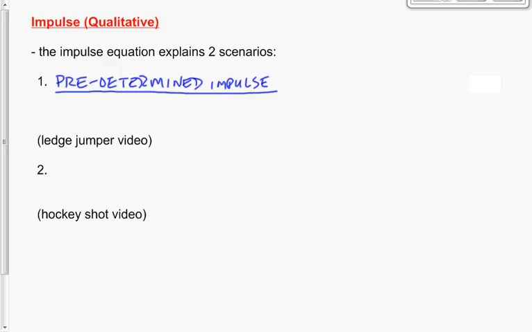Any object will stop. Now, if it's got a certain amount of mass and a certain amount of velocity, then that means it's got a certain amount of momentum.